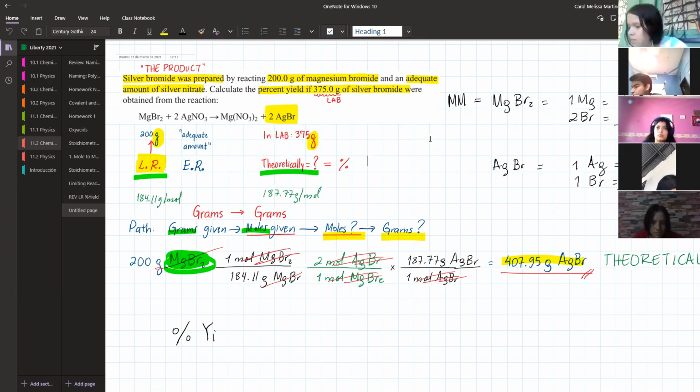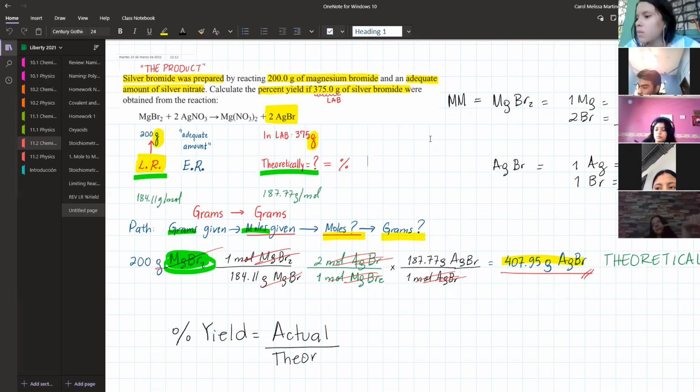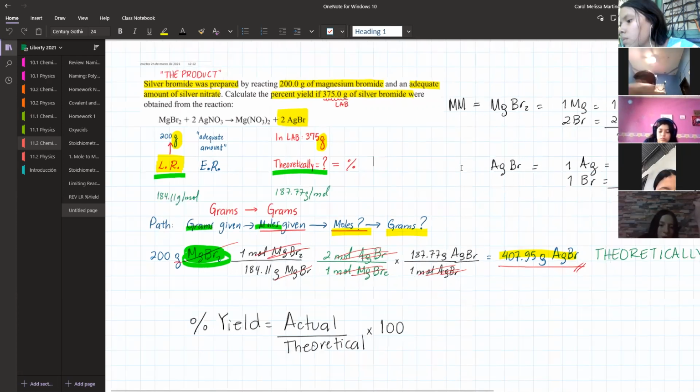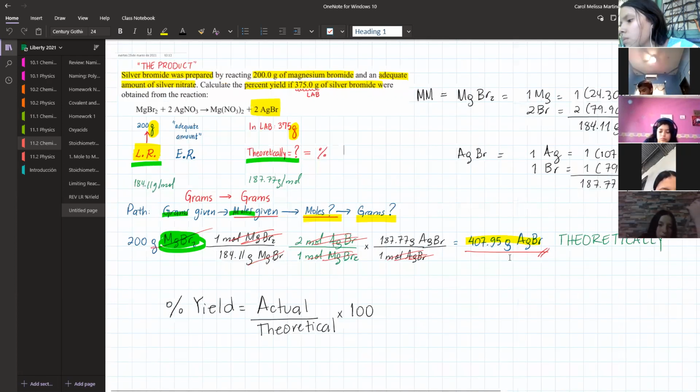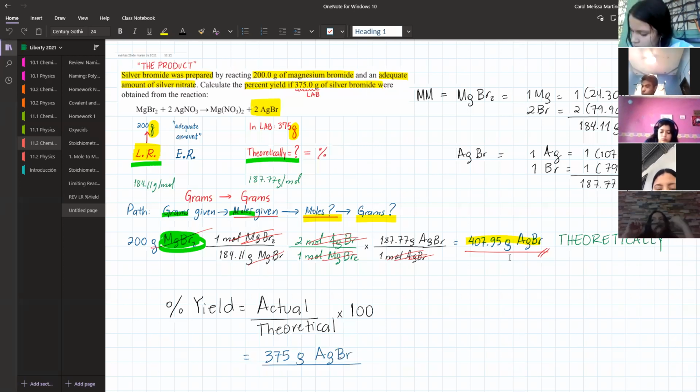The percent yield is equal to the actual divided by what you got theoretically, times 100. The actual is what you got in the lab. So it is 375 grams of silver bromide divided by what you can get theoretically, that is 407.95 grams of AgBr, times 100.